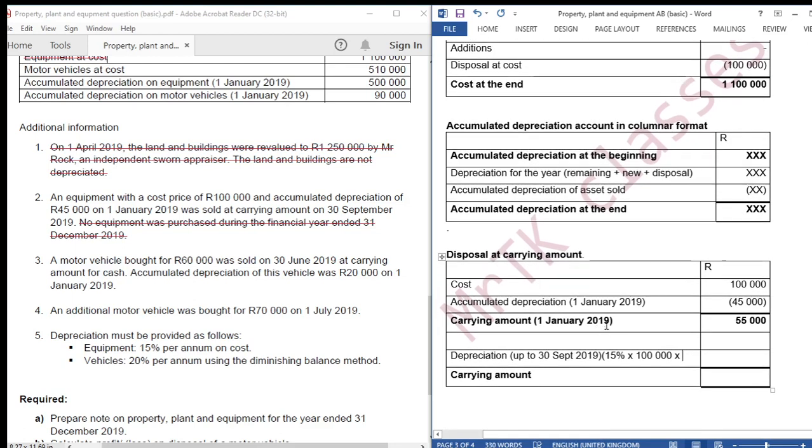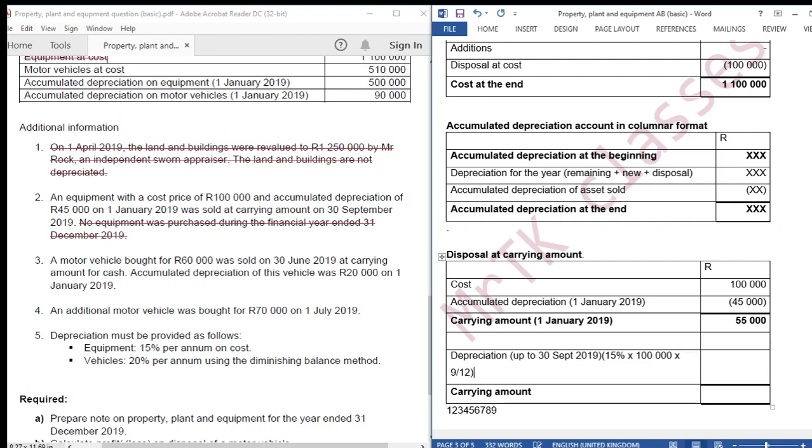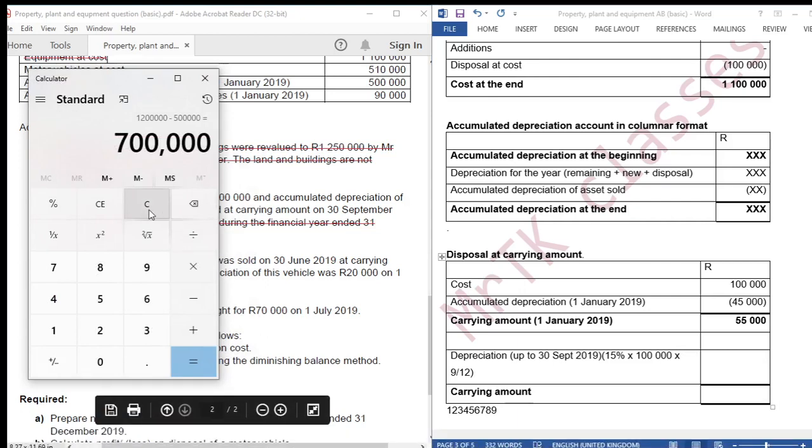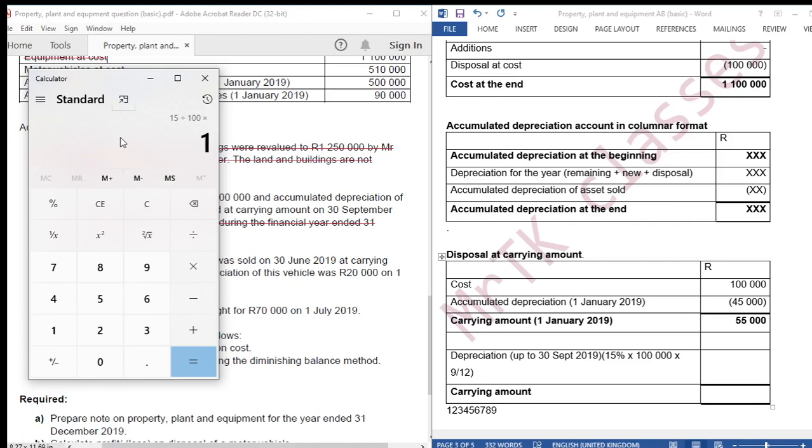We count from January up to 30 September. January, February, March, April, May, June, July, August, September. We'll get 9, so that would be 9 over 12. We are going to say 15 over 100 multiplied by 100,000 multiplied by 9 over 12.